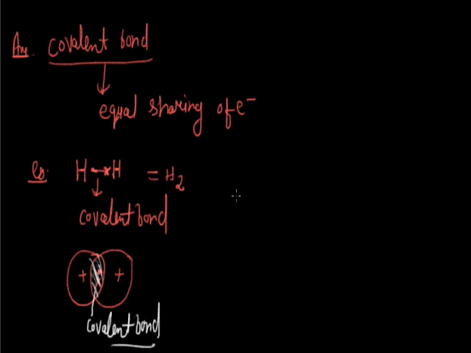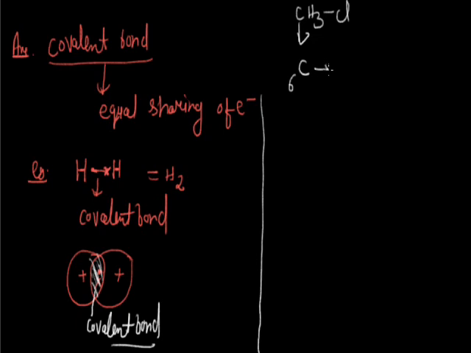Similarly, let's take the structure of CH3Cl. In CH3Cl, we have three types of atoms. The first atom is carbon, with atomic number 6 and electronic configuration 2, 4, so it has 4 valence electrons. Hydrogen has atomic number 1, so it has only 1 valence electron.